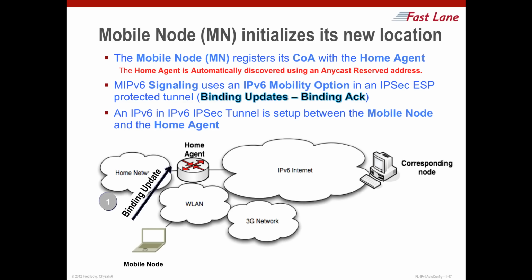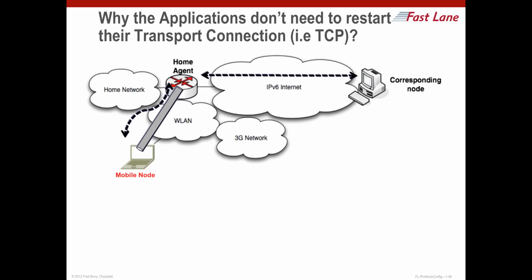The home agent is going to verify that the node is allowed to do it. It is a permitted node, and if it is accepted, it is going to send a binding acknowledgement. It is going to build a binding table in which it will have a match between the mobile node address at the home network and the care of address. So it will have a binding between the two addresses, and it establishes a tunnel.